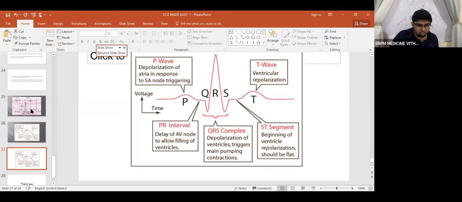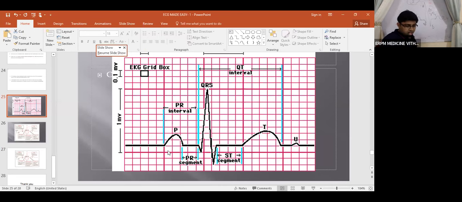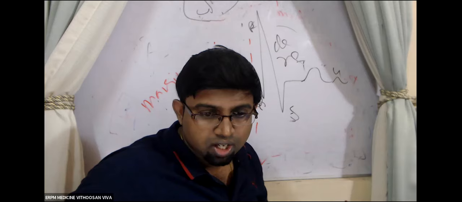Right, look here, guys. This is the P wave. This is the QRS.